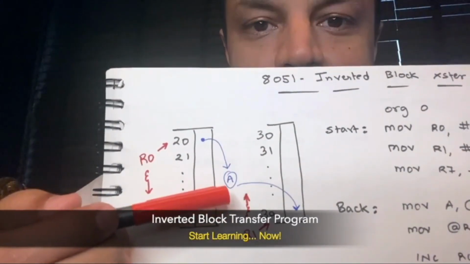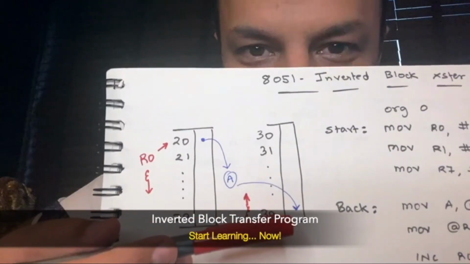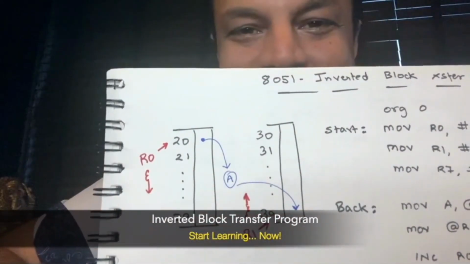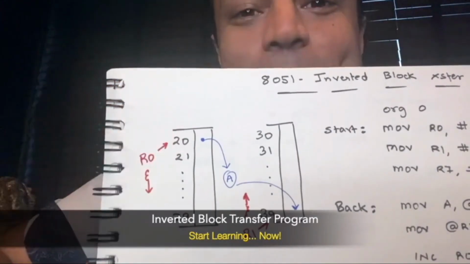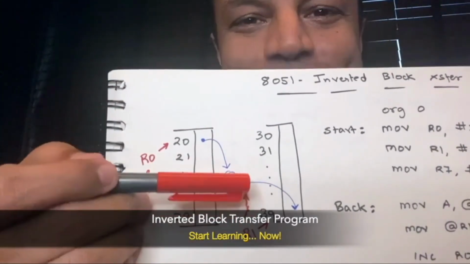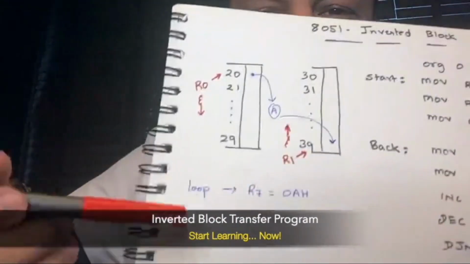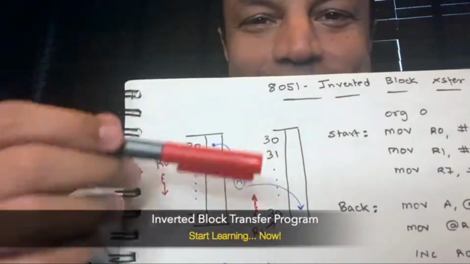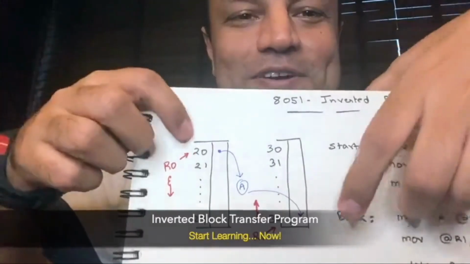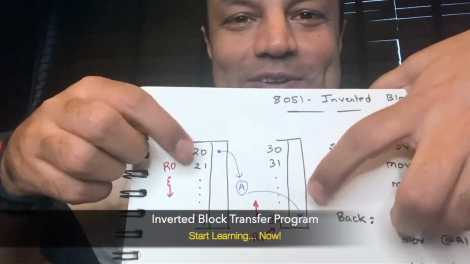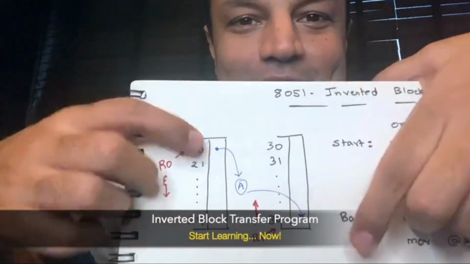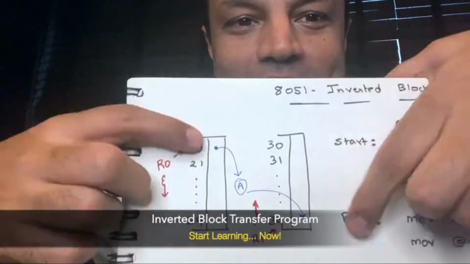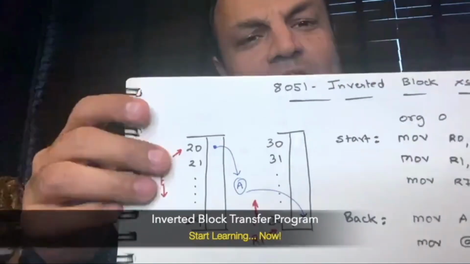Store it from A to the location pointed by R1, correct? Now, increment R0, but decrement R1, correct? And decrement R7 as usual, and put this in the loop. So what will happen is, first byte will go to the last location, second byte to the second last, and so on. 10 bytes are transferred, your whole block will get inverted. Are you clear?